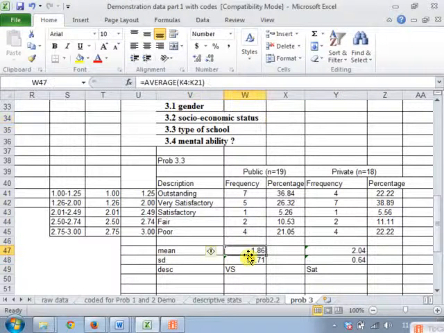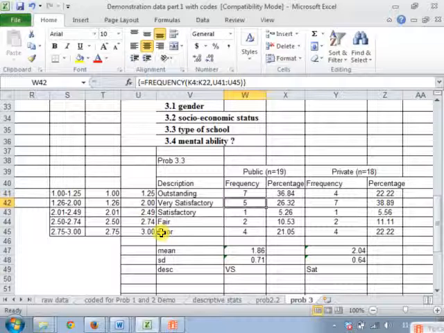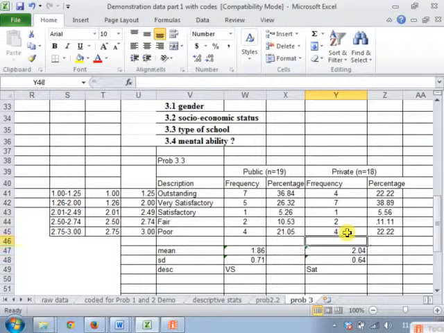You will see that your mean for the students coming from the public school is 1.86, and this is how it's distributed. Although a great number are outstanding, you also have a great number from very satisfactory, and some distributed here. And you look at private. The mean is actually satisfactory.